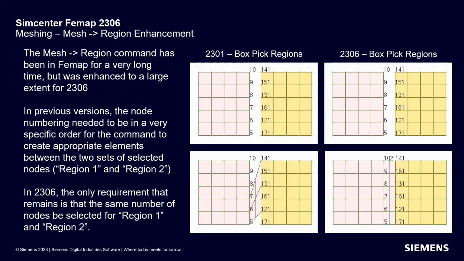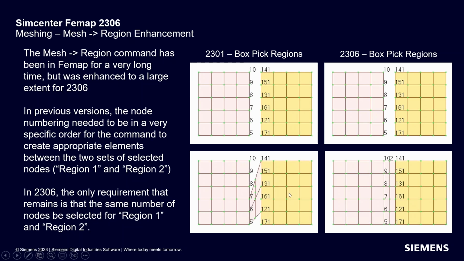All right, one of the more exciting improvements for me at least in this new update is the meshing improvements to the mesh region. Previously, in previous versions, you had to be very careful about the numbering of your mesh and actually had to renumber to actually bridge this type of boundary, which if you're working in a big GFEM, the numbering can be very important and you don't want to do that.